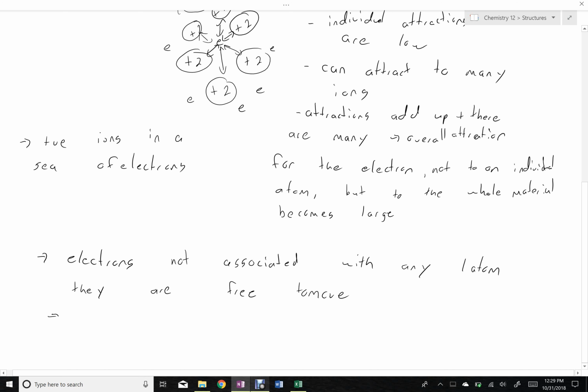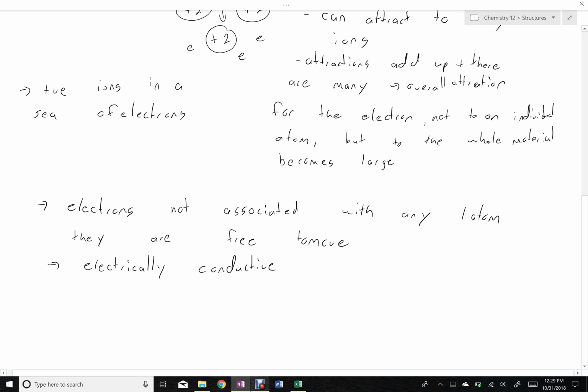This allows this material to be electrically conductive. Alternatively, because while the individual attractions are small, the overall attraction becomes large, we get high melting points and boiling points.